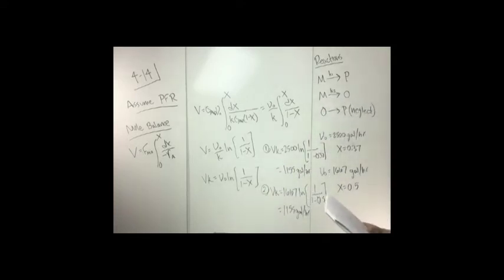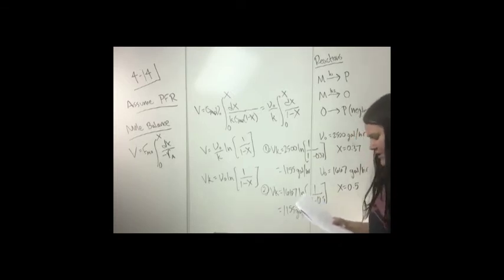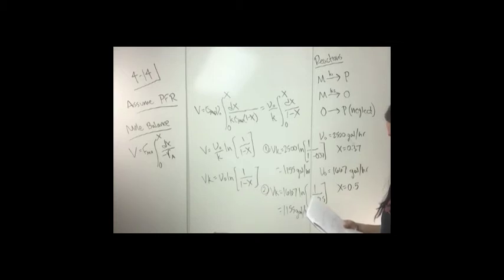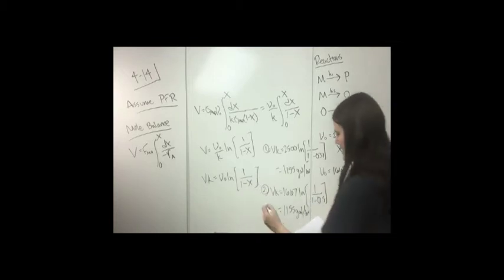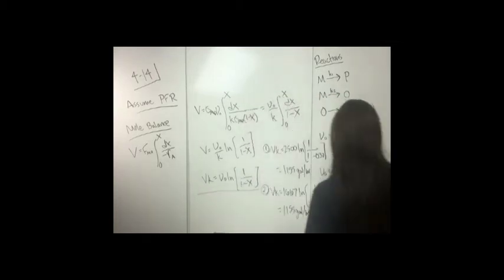So then, the question was, you have this new plant and you want a V naught of 5,500 gallons per hour and you want a conversion of 46%. So what does your volume need to be?